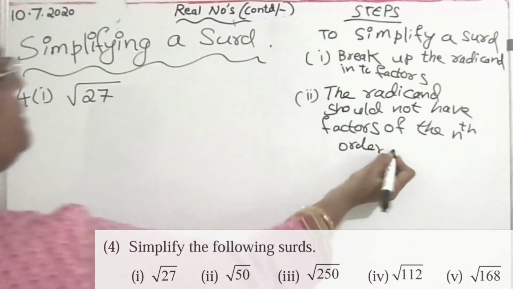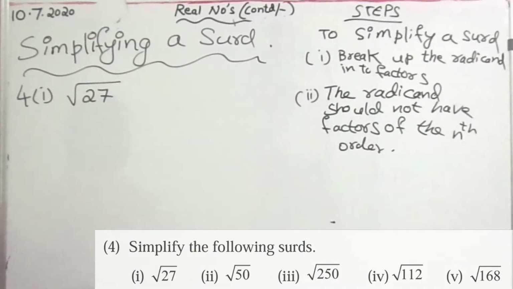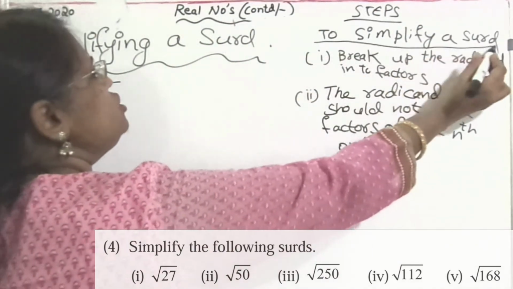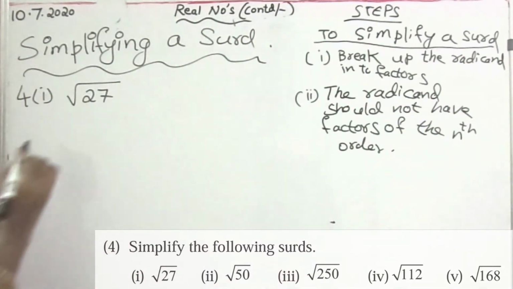I'll tell you what this means. We'll see what this means. So to simplify a surd, first you have to break the radicand into factors. So break it up into factors.